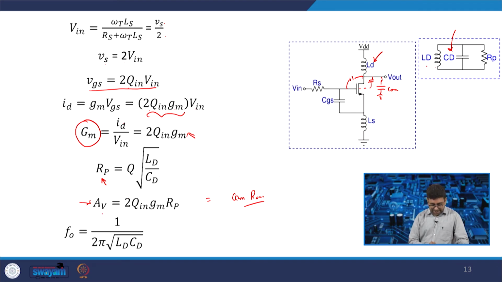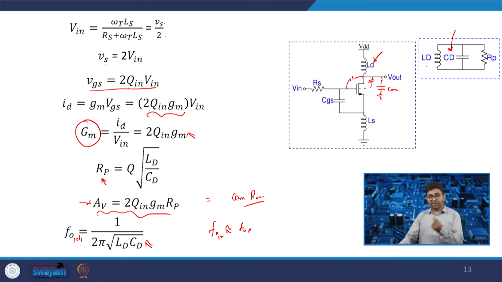So the total voltage gain is given by 2Q in Gm into Rp. Now here we need to maintain F naught as 1 by 2 pi root LD into CD, and F naught at the input side and at the output side should match.